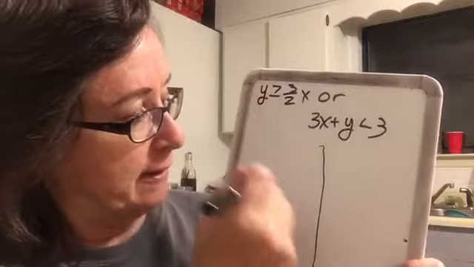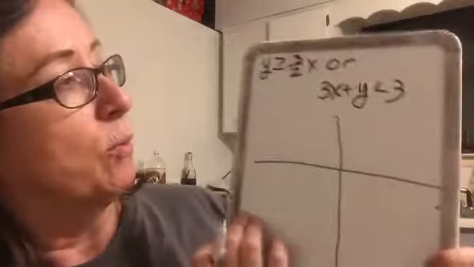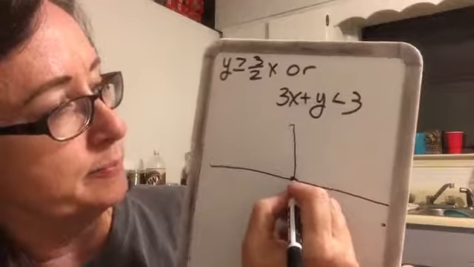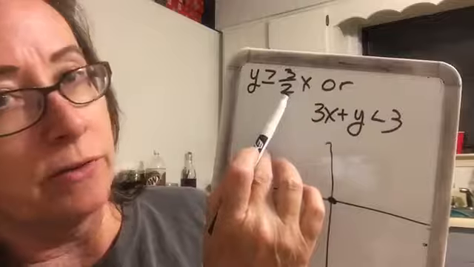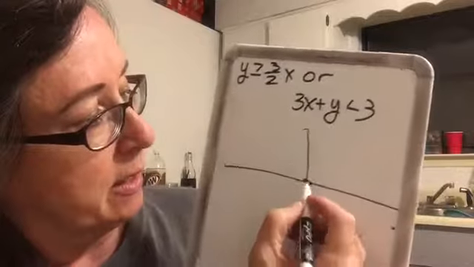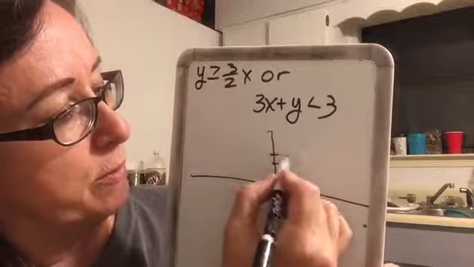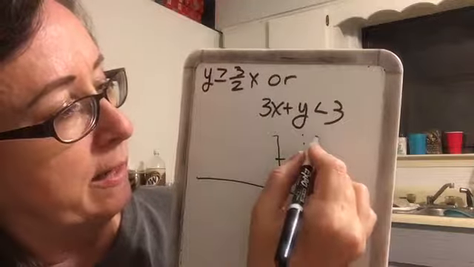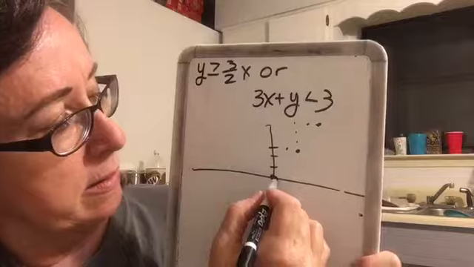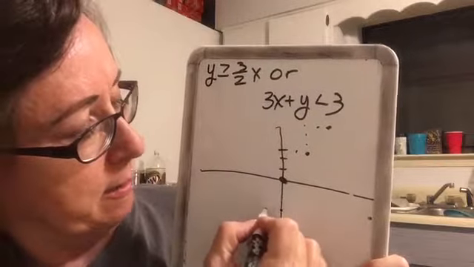So in graphing this one, we're going to start at 0, 0, and we're going to go up 3 over 2, up 3 over 2. So 1, 2, 3 over 2, or down 3, back 2.